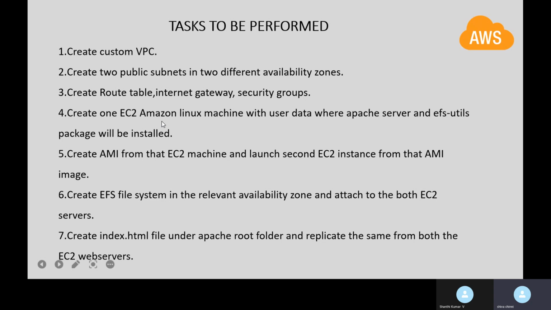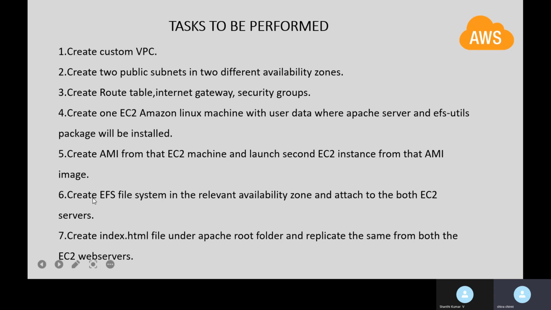Then create one EC2 Linux machine with the user data script, and it needs to have Apache server as well as EFS installed on the Amazon Linux machine. We need to create an Amazon machine image from the existing EC2 machine, and launch a second EC2 instance from the AMI image.